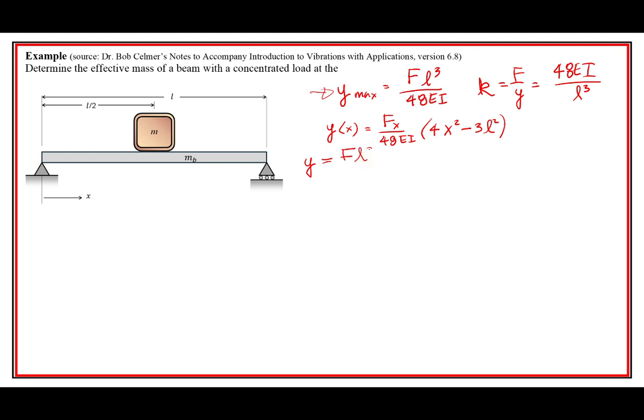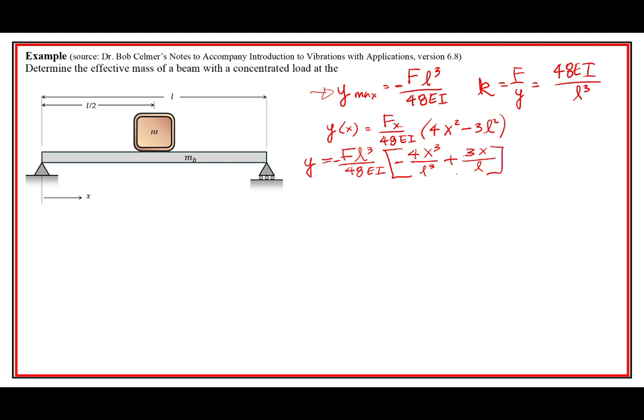So F L cubed divided by 48 EI, and this should be negative. So negative, 4 times x cubed divided by L cubed, because I put that L cubed there, and then a plus because we had that negative, and 3x over a single L, because it had L squared before, but we put that L cubed in there.